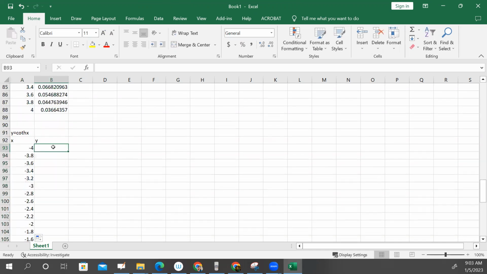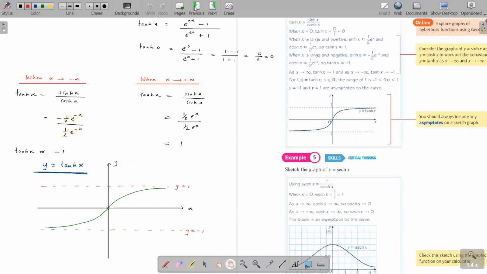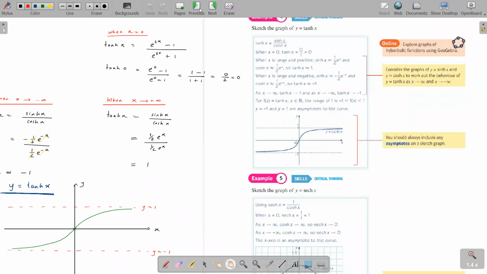So how does it work, guys? We know tanh, so you need to know the equation. What is the equation of coth? So we need to give the equation.